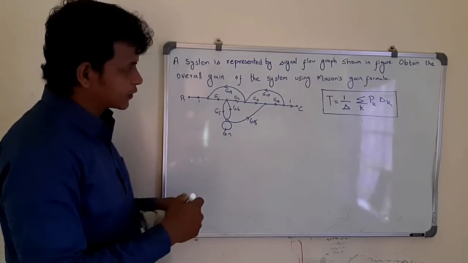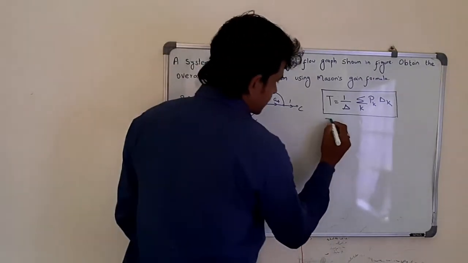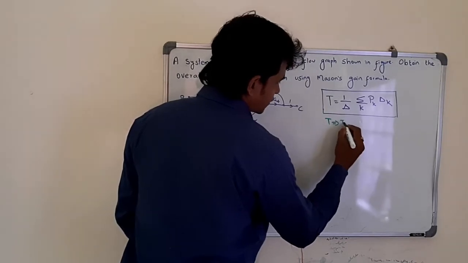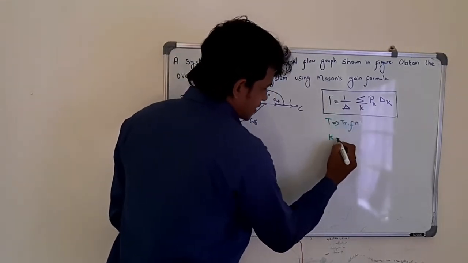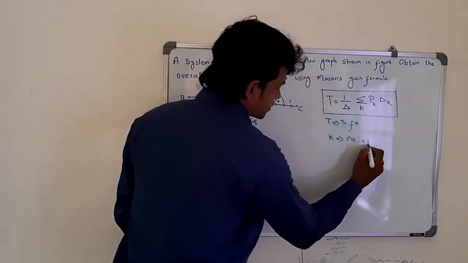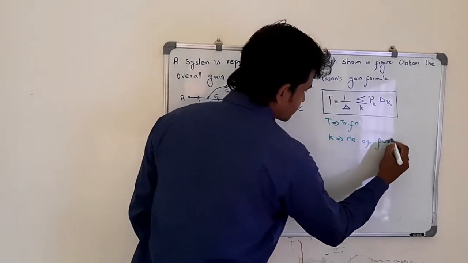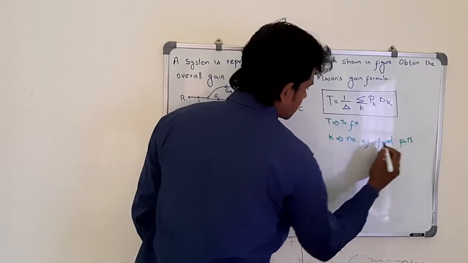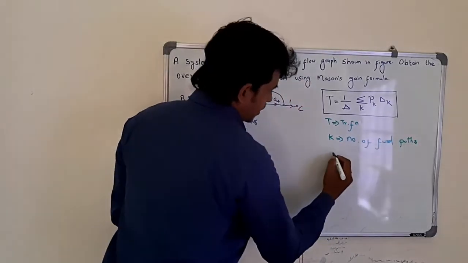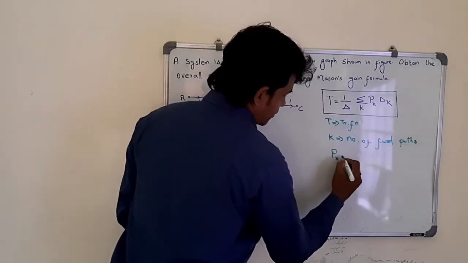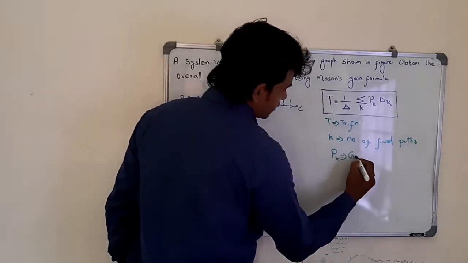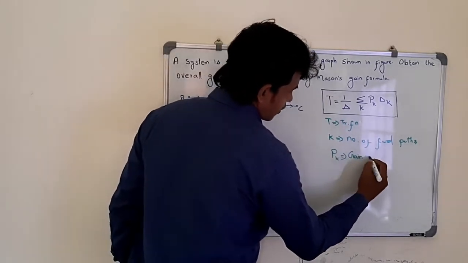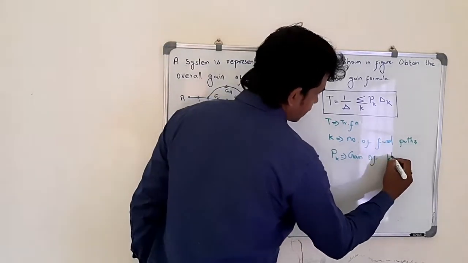T is the transfer function, K is the number of forward paths, and P suffix K is the gain of the kth forward path.